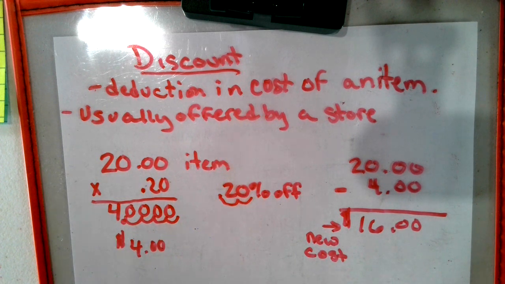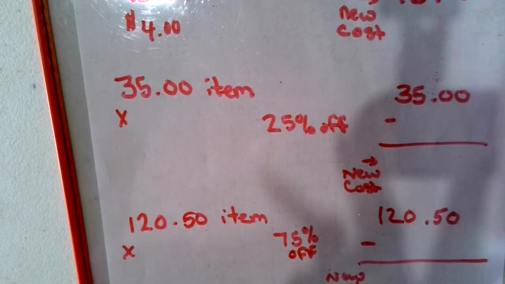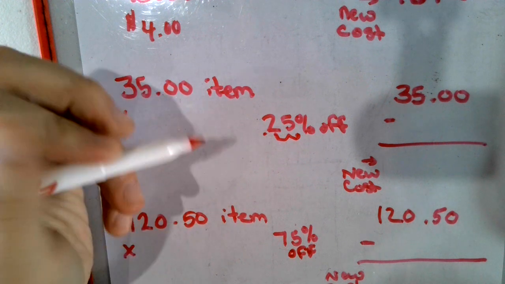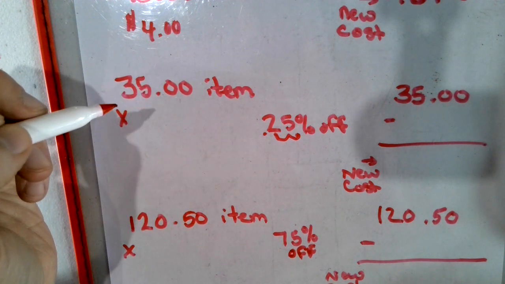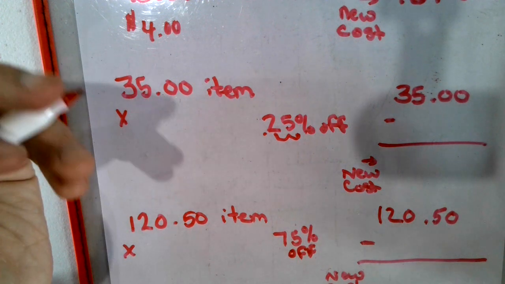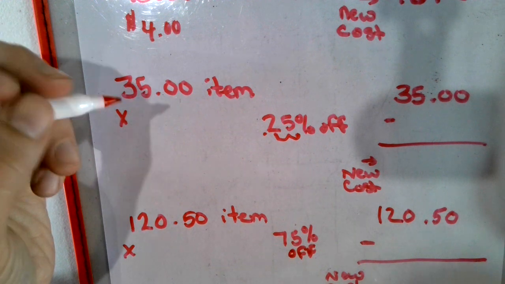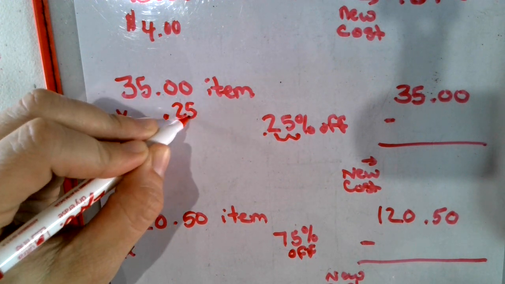Okay, so looking at another one. $35, 25% off. So 25% off is like dividing this number in 4. You have to kind of start to see this. 25 is like a quarter. That's 4 and $1, 4 and a whole, that kind of thing. So multiplying by 0.25.